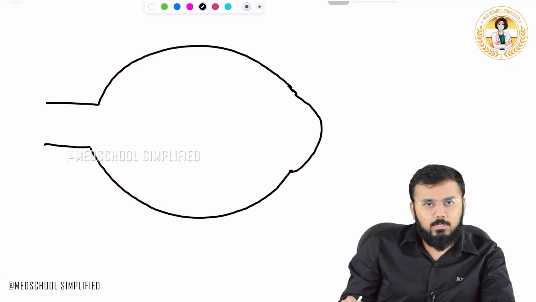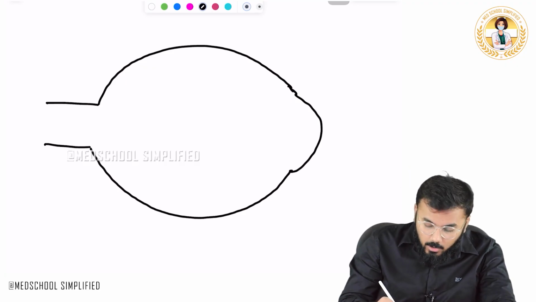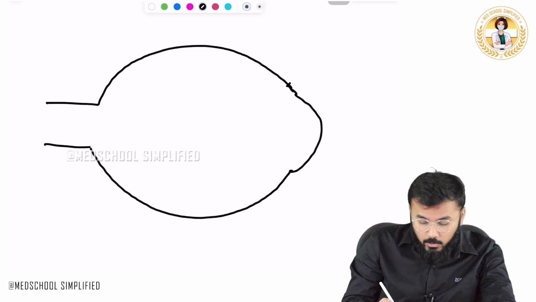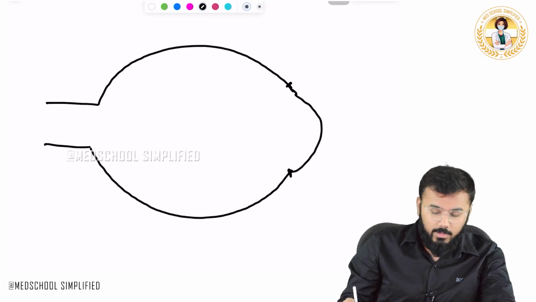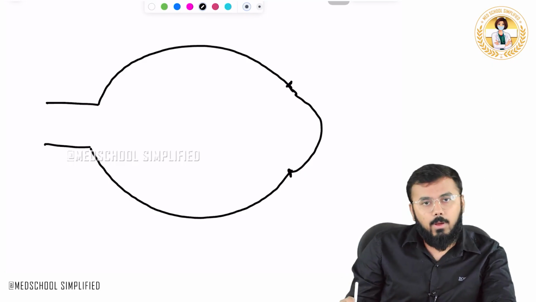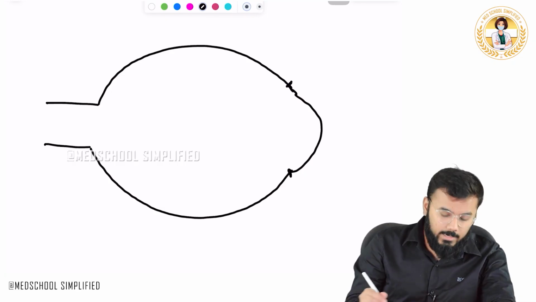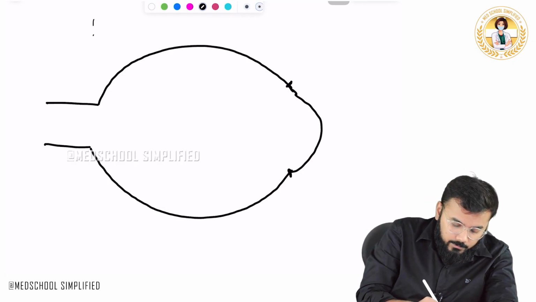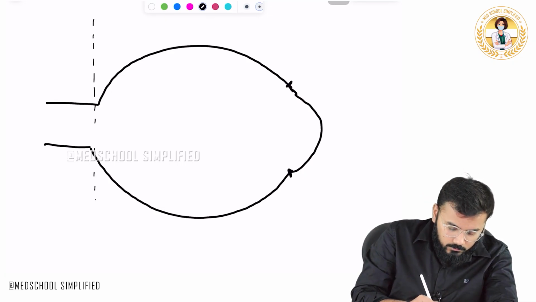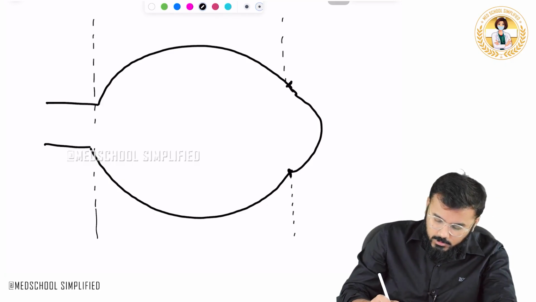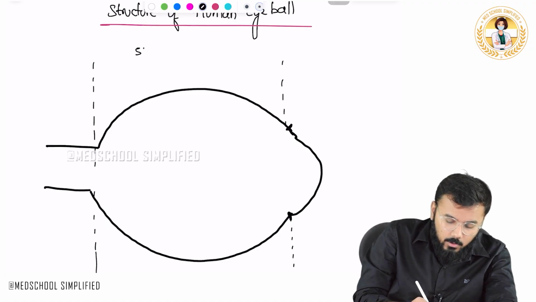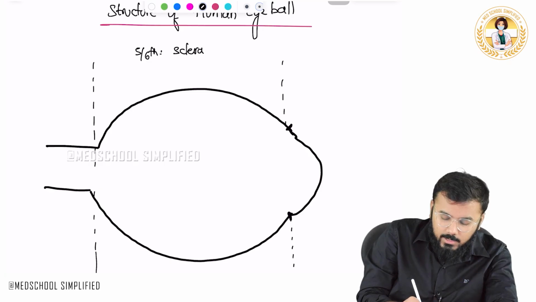Now if you look at the outer part, this outer 5/6 part, whatever is there, the outer 5/6 part is called as your sclera. If I am dividing it like this, outer 5/6 part is called as your sclera.